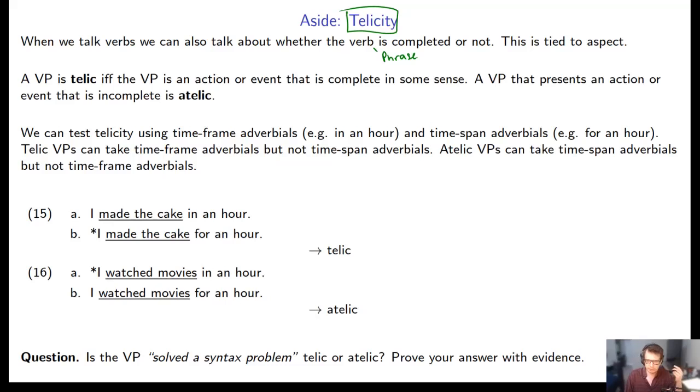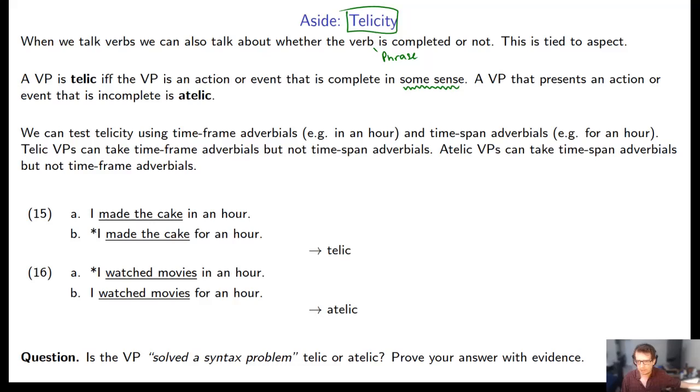So we say that a verb phrase is telic if the VP is complete in some sense. And I know the words "some sense" are vague, and that's sort of the annoying part of this definition.